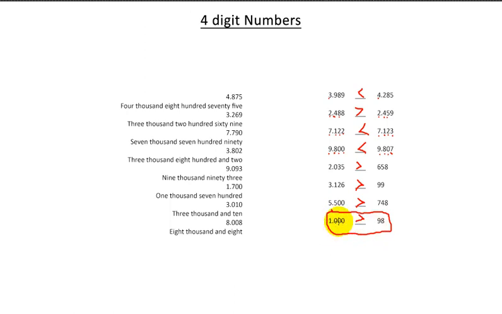So this is the smallest 4-digit number I can make. Here I have 98. It doesn't really matter what's on this side. Let's say this wasn't 98. Let's say this was the biggest 3-digit number we can make.